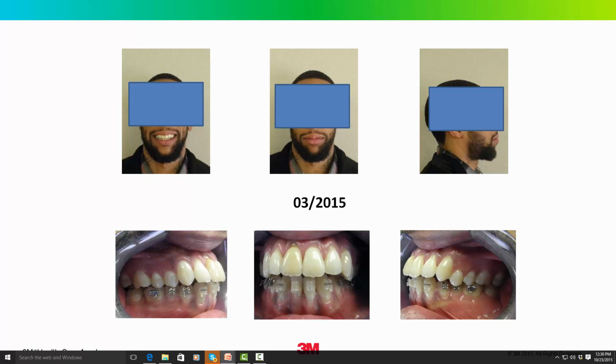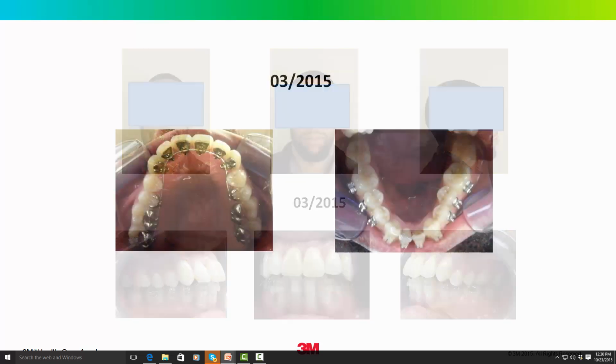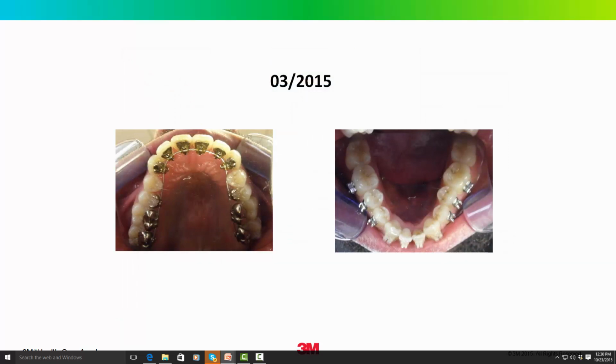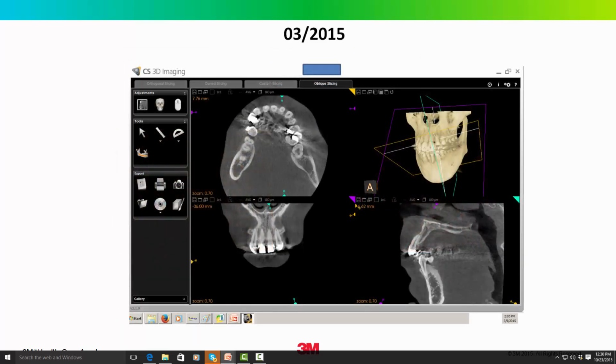You started to get tissue stripping. Here's what he looks like, and here's his cone beam. Now the torque on that incisor looks great, but it doesn't align with the bony housing of the upper alveolar bone. So just because clinically the torque looks better doesn't mean the tooth is in a better position.